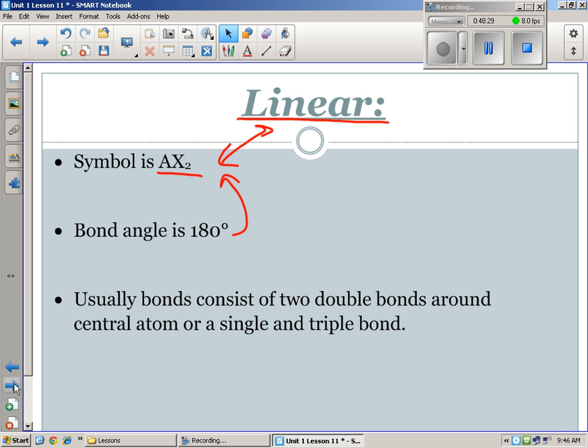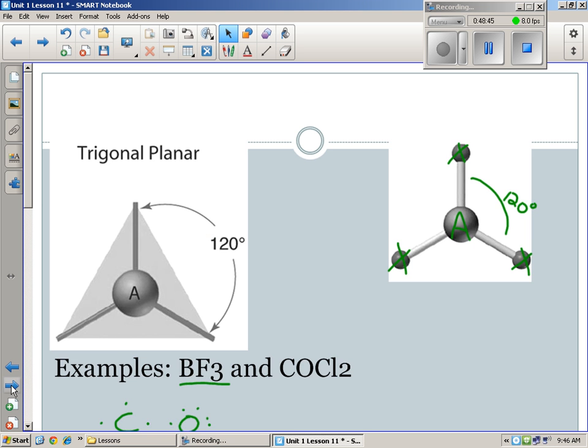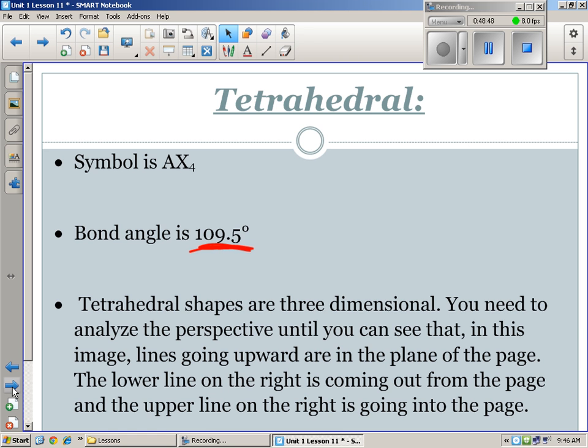After AX2, we go to AX3 or AX2E. There are two structures that have three things around it. And when we get to tetrahedral, when we get to the 4, there are three different structures you can have, which we've drawn there.